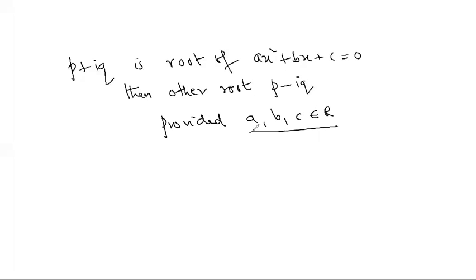If a, b, c also become complex numbers, then this rule is not applicable. If a, b, c are real numbers, the roots of the quadratic equation occur in conjugate pairs. Clear? Please note this down.